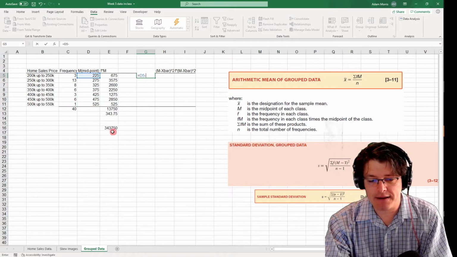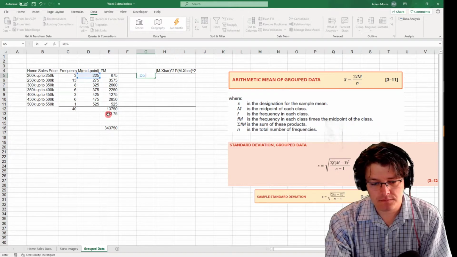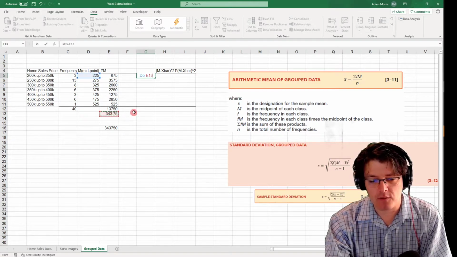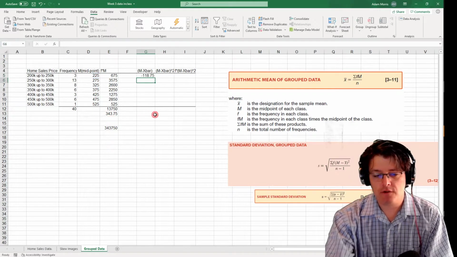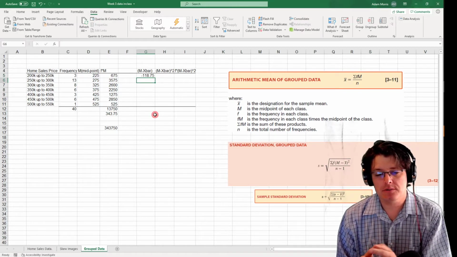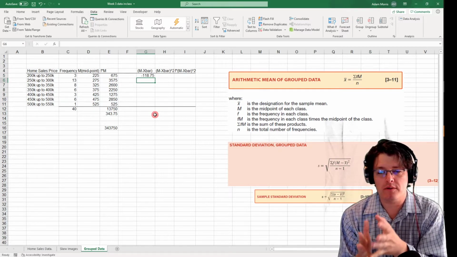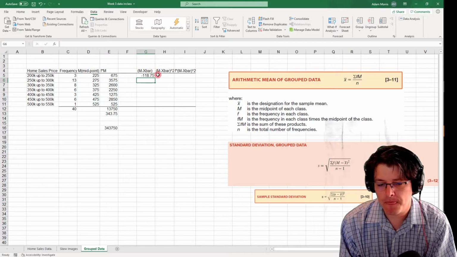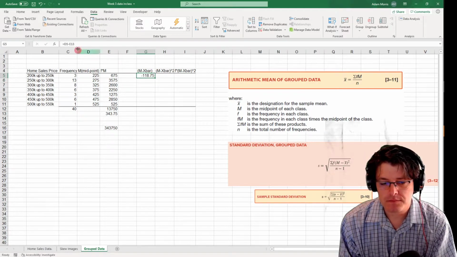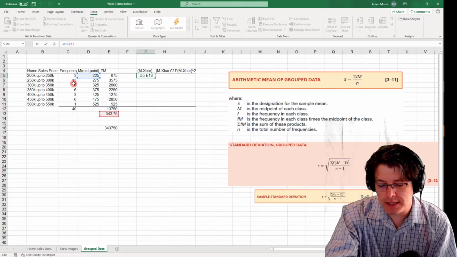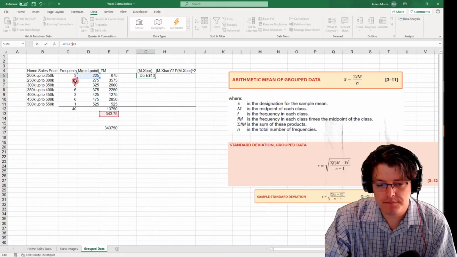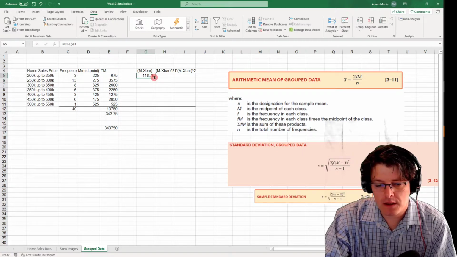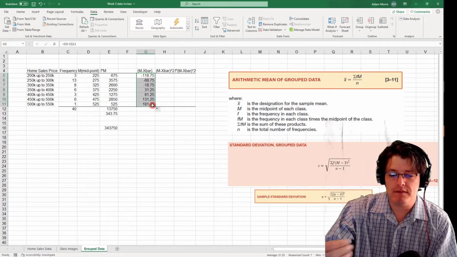Let's subtract off the mean. Okay, that's 343. So for those three values, the midpoint, or the value for those, is 118,000 less than the mean. I'm going to go ahead and drag that down, but I do need to lock in the E13. And so now I can do that for each of the values.